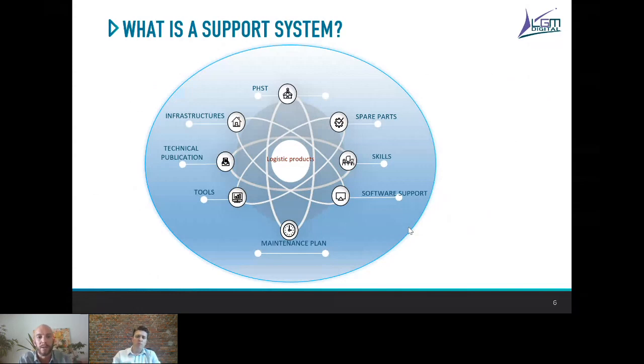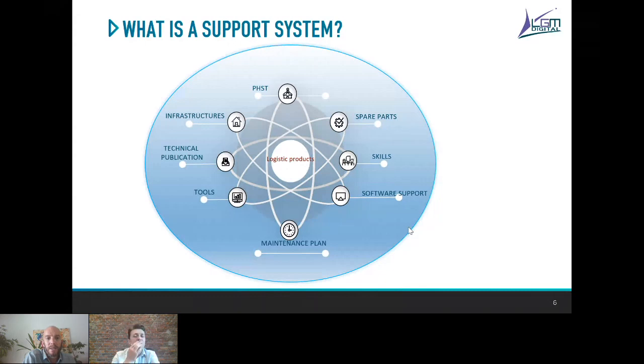It's in this document that you will find all the maintenance tasks to do on your system, so preventive tasks or corrective tasks. Then you have another logistic product, which is tools, so standard tools or specific tools, but also test tools for test.